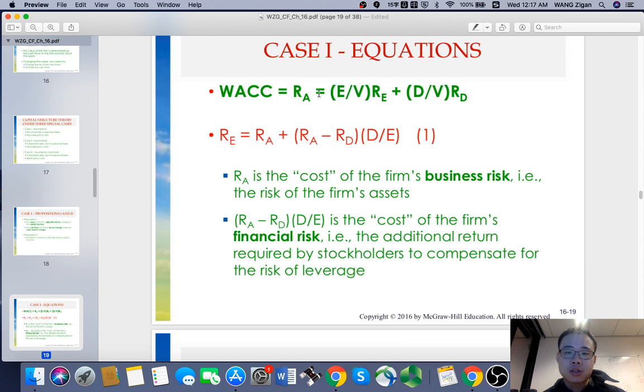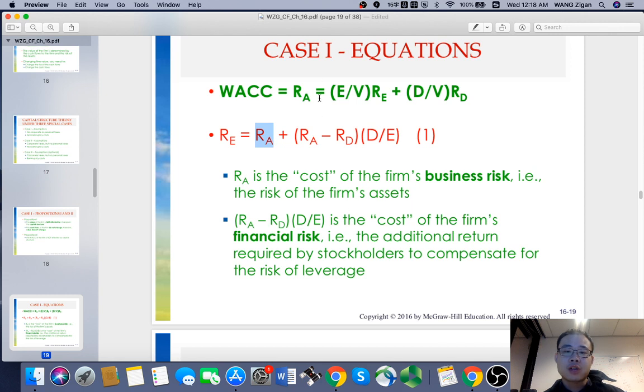Now we can just rearrange this formula. Then we can get the equity return, which is basically ROE, return on equity. The ROE will be this. So R_A is the cost of the firm's business risk, that is, operational risk.